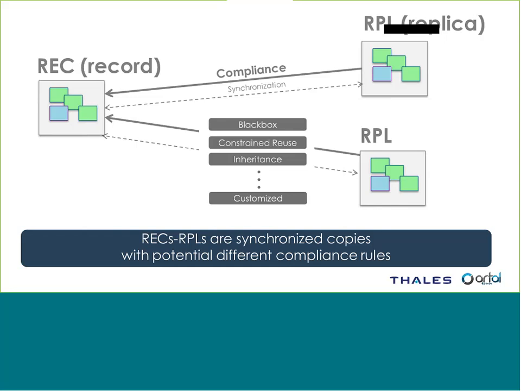Or you can also customize your own compliance policy. So the idea is that records and replicas are synchronized copies with potentially different compliance rules. Not everything is implemented in Capella, as we're going to see in the next slide, but this is basically the core principles of records and replicas.